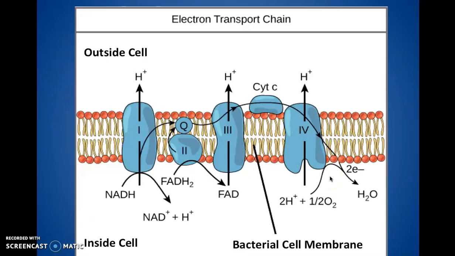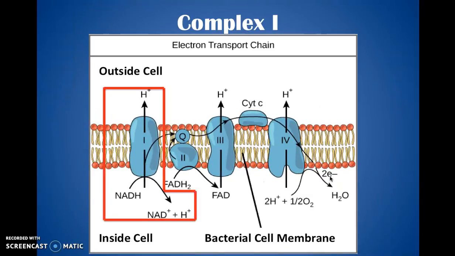So let's look closer into each complex. So this is complex 1, and what it's going to be doing, NADH that is produced in the Krebs cycle is going to feed directly into complex 1.